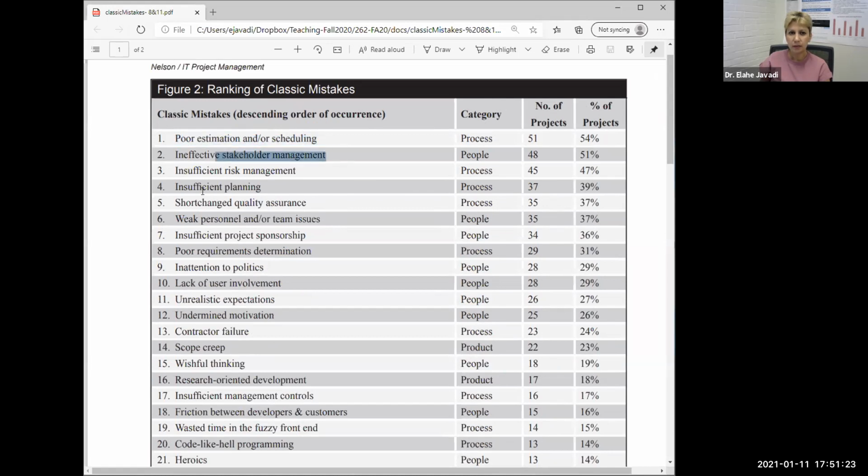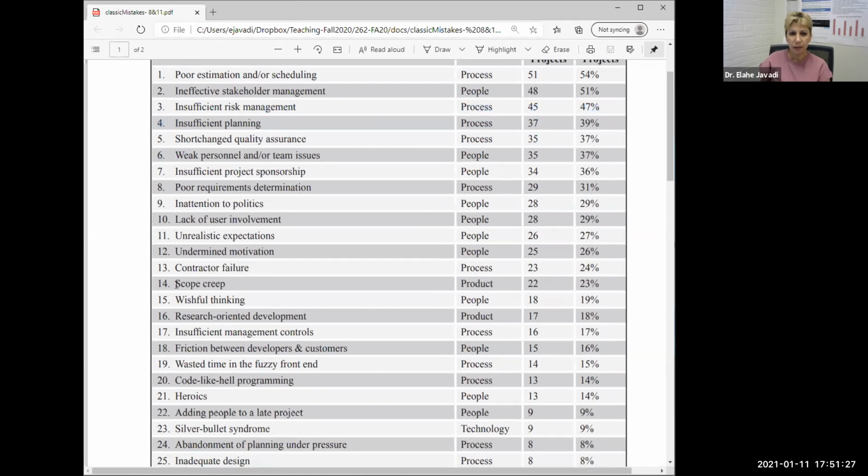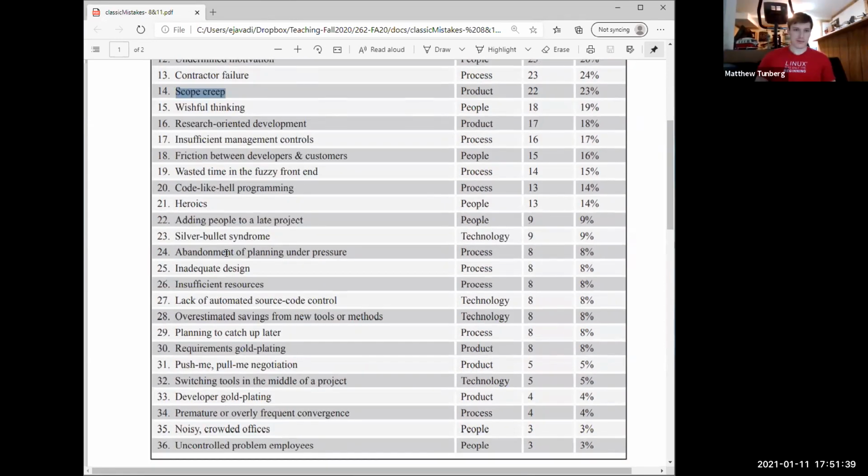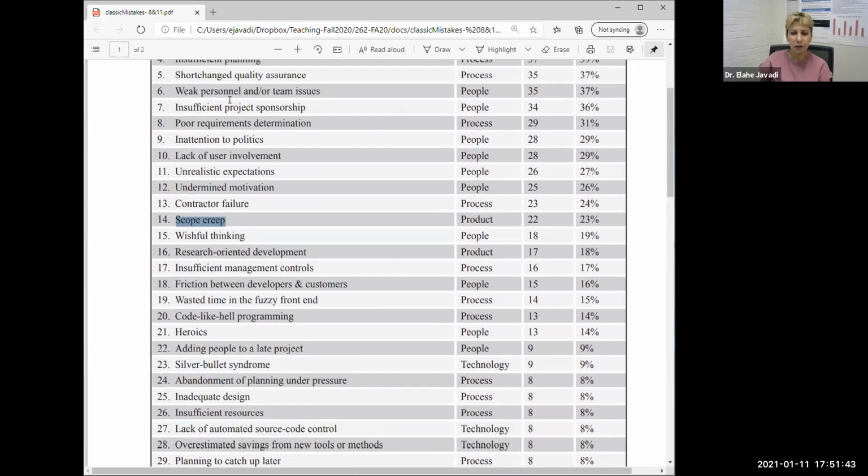Stakeholders management, planning, future. Scope creep is number 14. So many things happen at a higher percentage. Skilled workers are somewhere here. Would you be able to elaborate on number 7? Number 7, insufficient project sponsorship. Just money is not coming in.